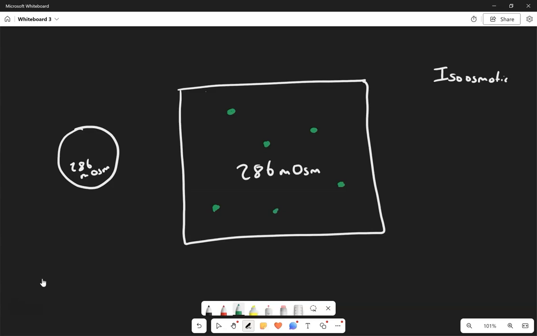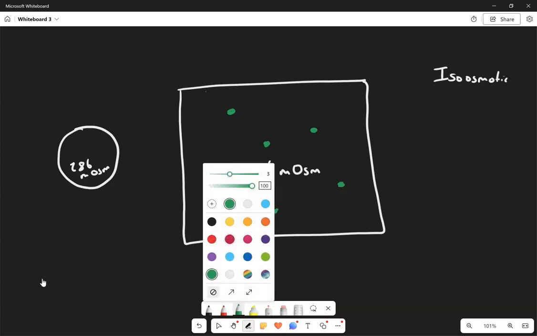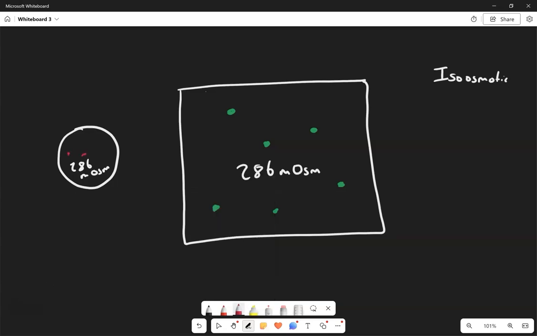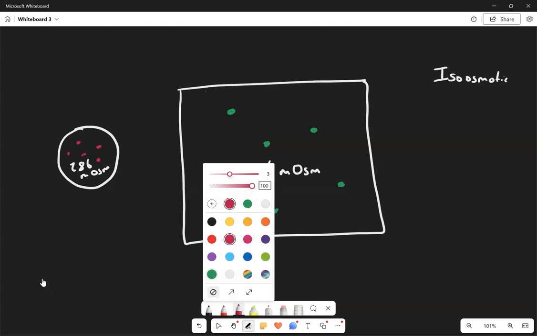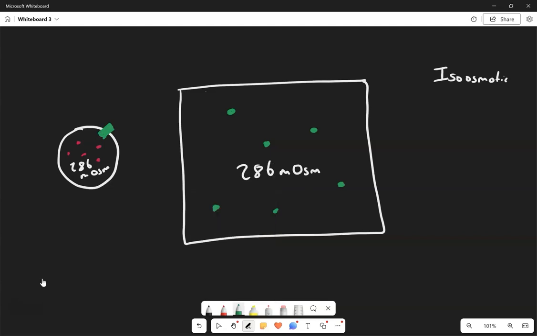And what if the cell was 286 milliosmoles of red dots? But then what if I told you that the cell had a channel on it? And that channel made this cell permeable to green dots. And if I put this cell inside of this solution, what's going to happen? Right?